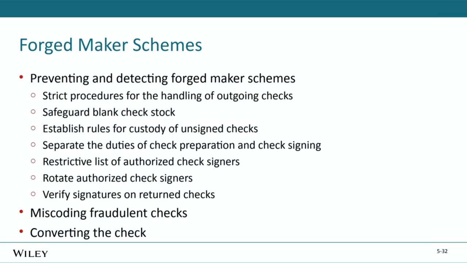By changing it around, you can stop somebody who has been signing checks. And you have to do that with the bank. You have to have the bank send you new cards, or go into the bank and have those new people sign signature cards. Okay, establish rules for custody, separate the duties, and then rotate.